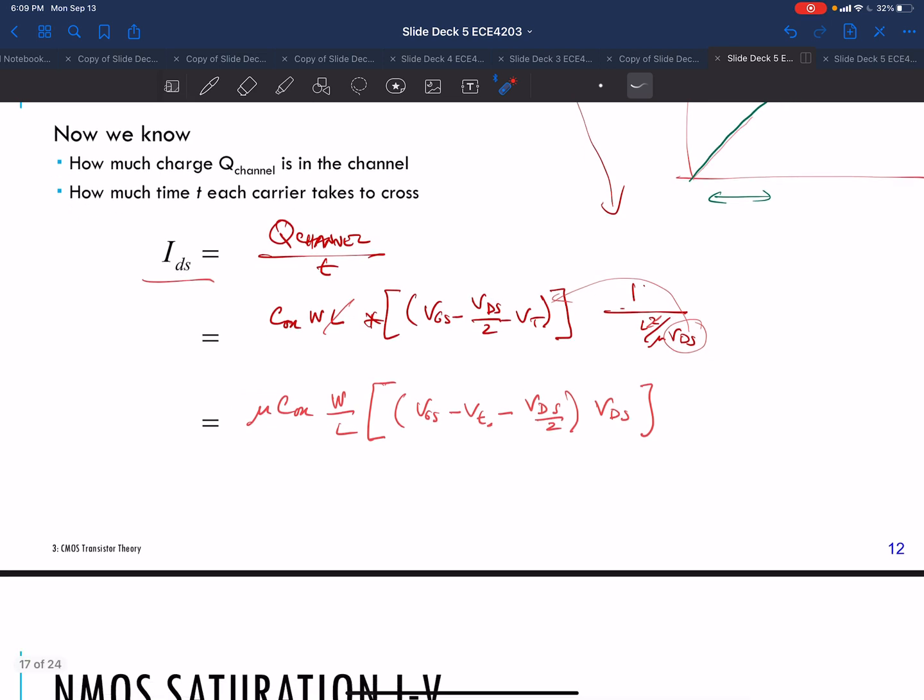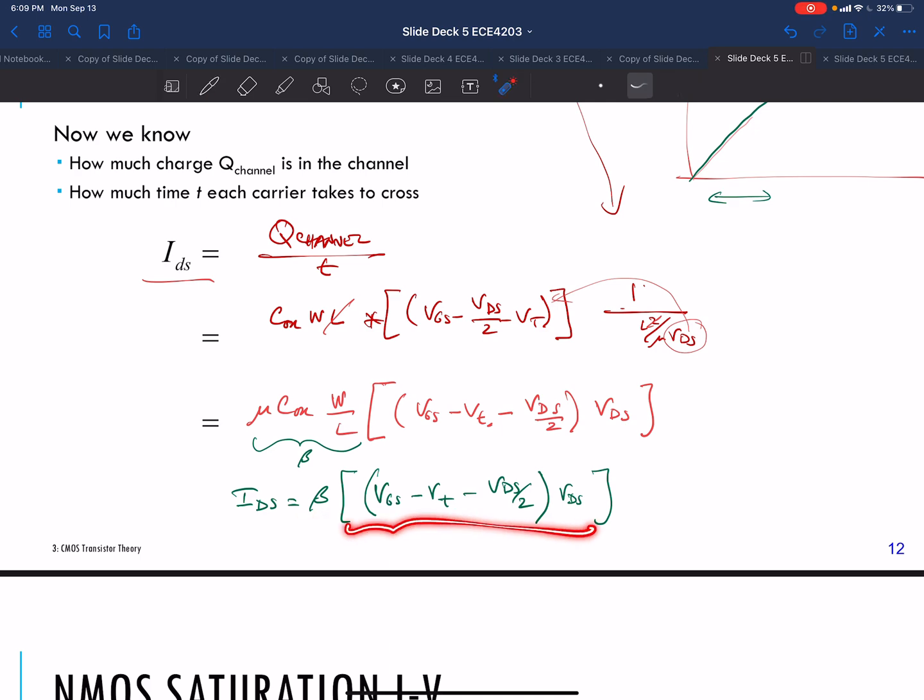For a given transistor, we call all these parameters beta, the current gain of the transistor, so IDS is equal to beta times the voltages. So you end up with this constant times all the voltages.